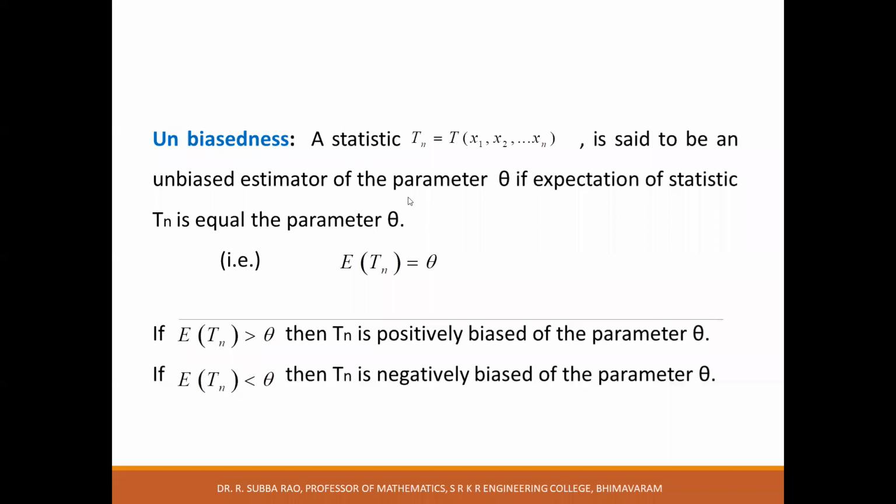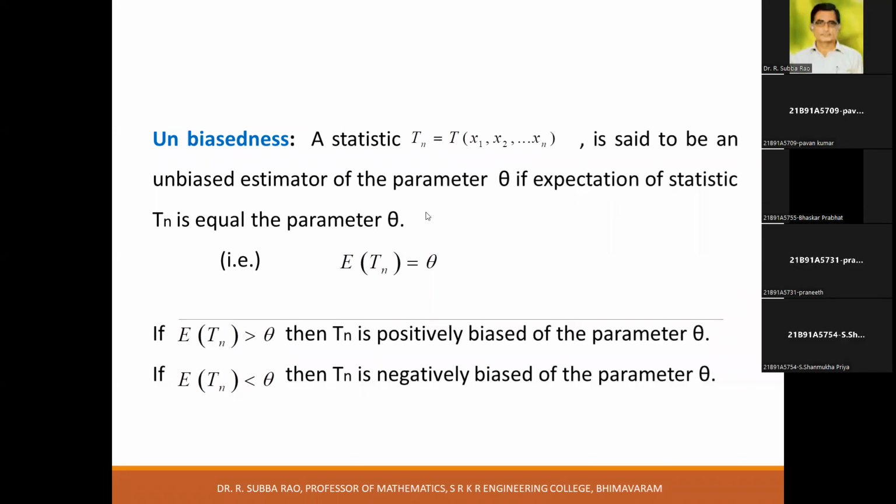Let us first understand what an unbiased estimator is and what unbiasedness is. A statistic Tn, and of course in some cases you may write small t or capital T, it doesn't matter, but small t is better. So Tn equals T of x1, x2, and so on up to xn, is said to be an unbiased estimator of the population parameter theta if the expectation of the statistic Tn is equal to the parametric value.